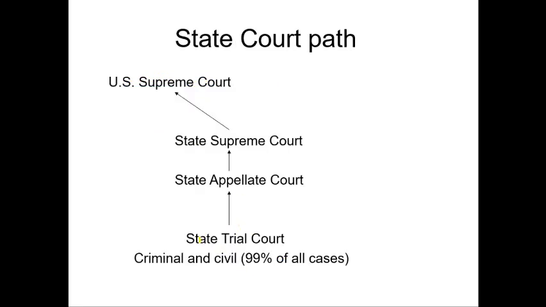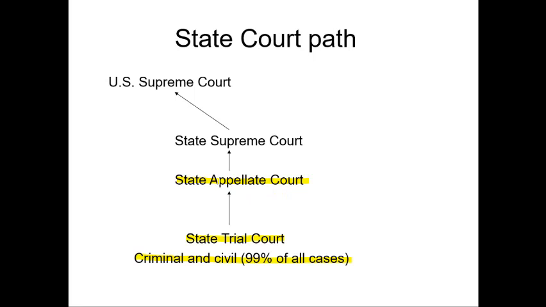Now, as I said before, the vast majority, almost 99% of all cases in the United States, are at the state trial courts level, both criminal and civil. So if you lose that case and you want to appeal it, you can go to the state appellate courts. We'll look at a few examples here in a minute of their appellate systems.